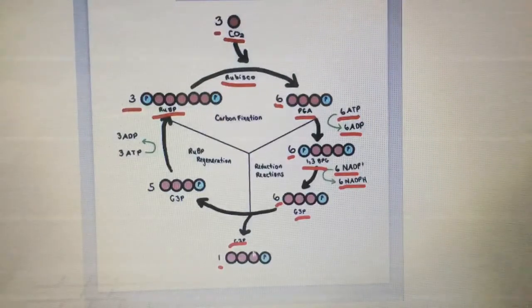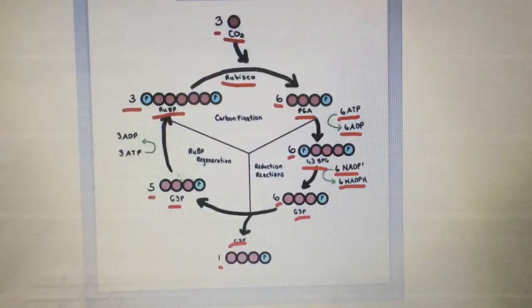The remaining 5 molecules of G3P, since you got 6 and 1 became the output, consist of 15 carbons, so they will rearrange into 3 molecules of RuBP again, because these 5 molecules of G3P have entered the third phase, which is regeneration of RuBP.